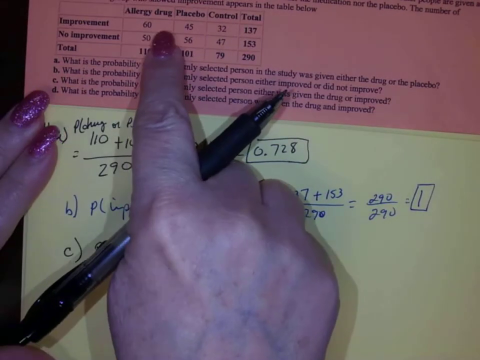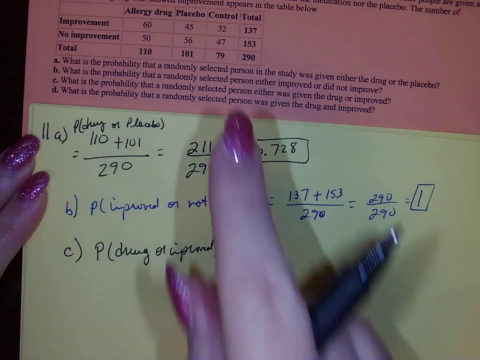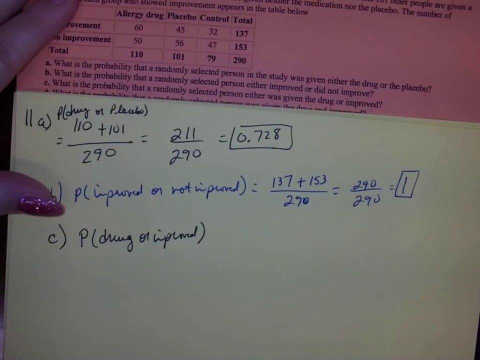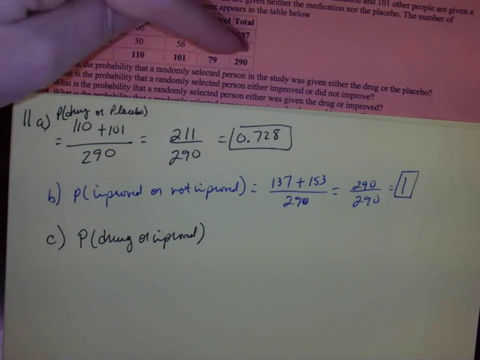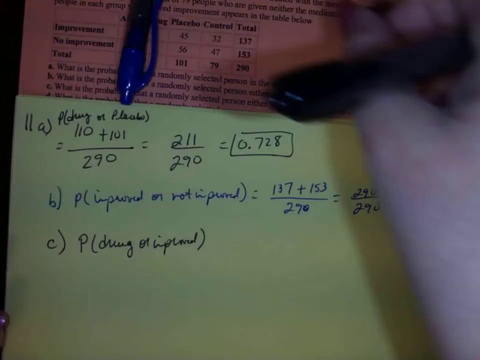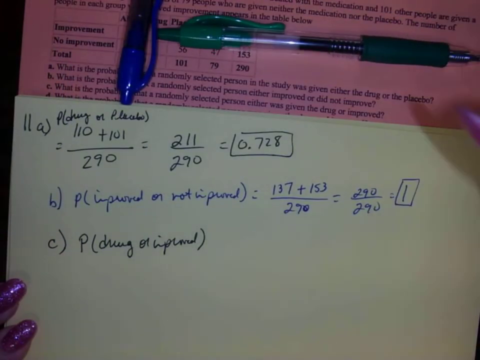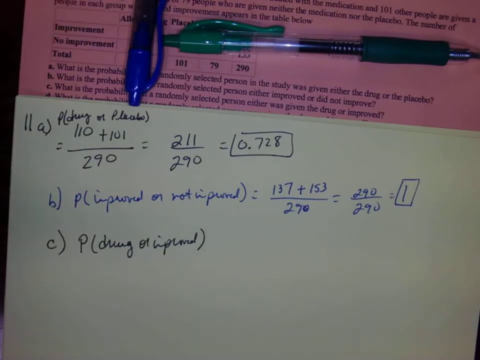Before, we had improved, non-improved, or we had drug and placebo. There was no intersection. There was no overlap for this. In this case, if we're looking at getting the drug and improving, there is an overlap that happens of 60 because we're using this column, the allergy drug, and this column of the improved. So at this point where they would intersect, we have to not count that twice.